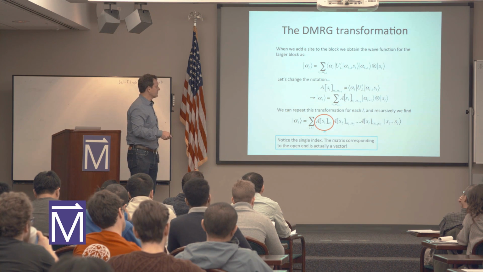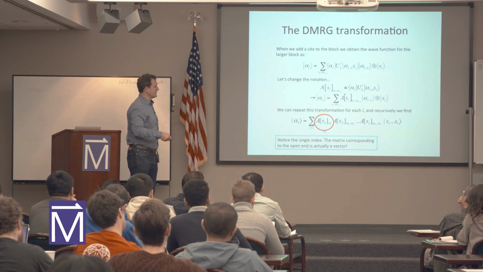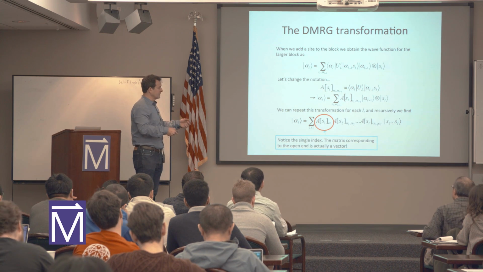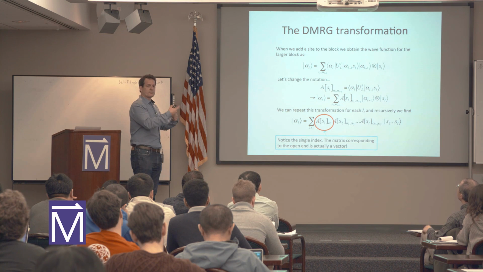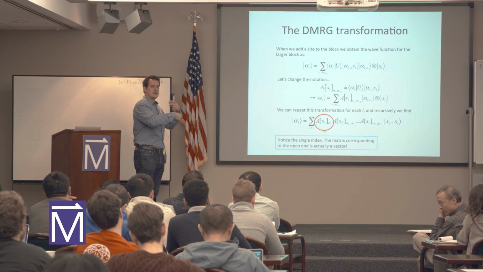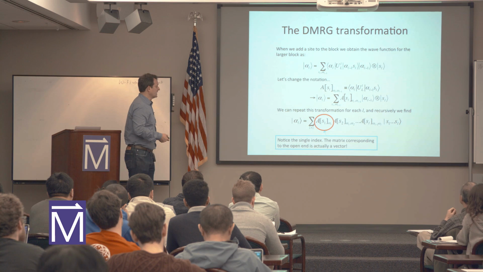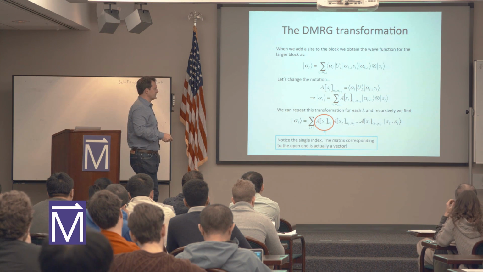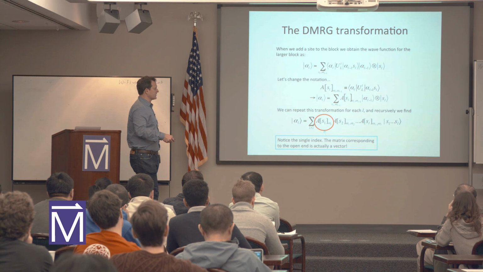So this is basically a wave function in the original basis of single spins. Because basically what I'm doing is I'm undoing or retracing back all the changes of basis that I did during the DMRG. And you end up with this expression where each coefficient is basically a contraction of matrices.